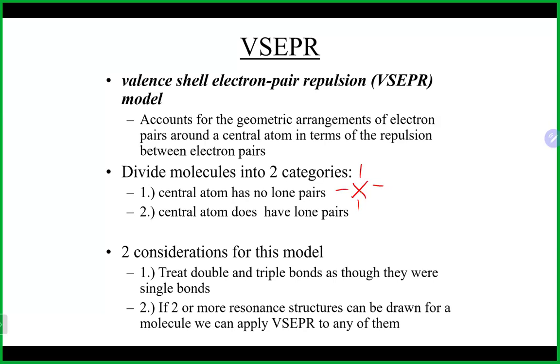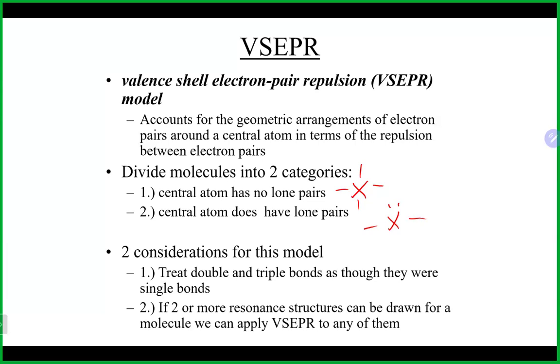The other is where we do have lone pairs on the central atom. Because of the non-bonding electrons being present, there is not an extra bond or an extra atom there, and that allows the geometry to change a lot more.